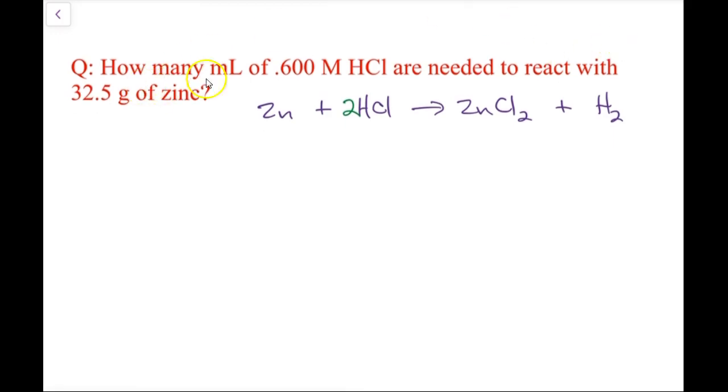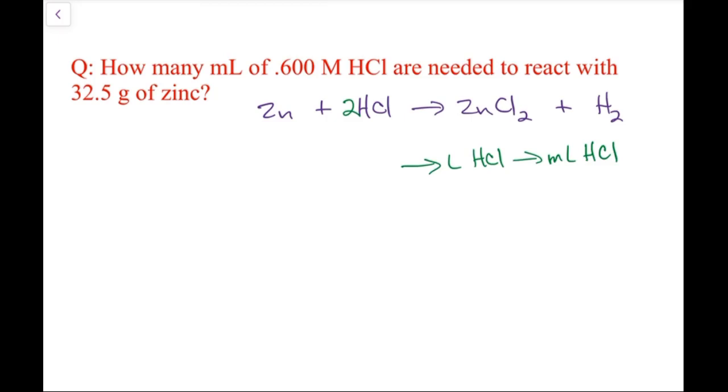So this time, let's plan this problem out. It's asking me for milliliters of the HCl. So in the end, I'm going to want to know milliliters of HCl. You want to ask yourself, what would I need to know to get to milliliters of HCl? I could certainly get there from liters of HCl. And what could I get to liters of HCl from?